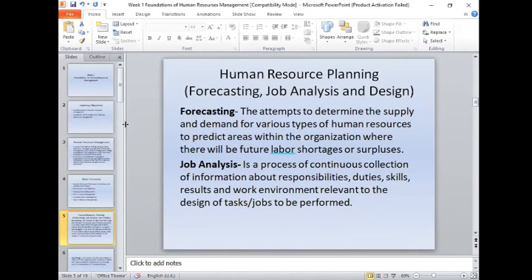It is very important that we identify whether the business is in the growing part or in the crisis part. Okay, so it's a matching of the demand and supply of human resources. If the business is growing, then what we need is additional manpower, and we need to conduct an analysis and recruit.